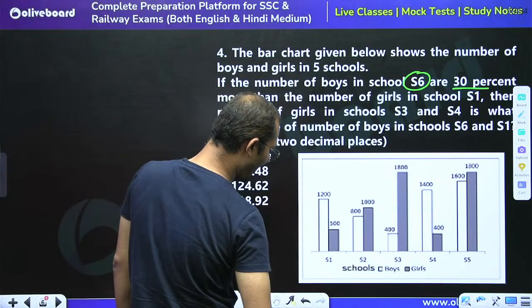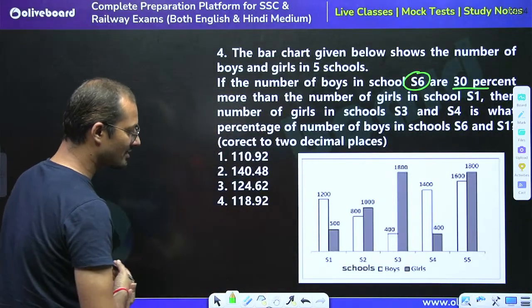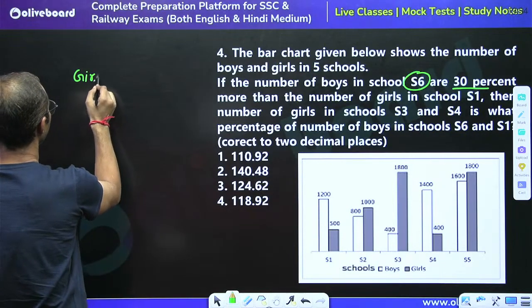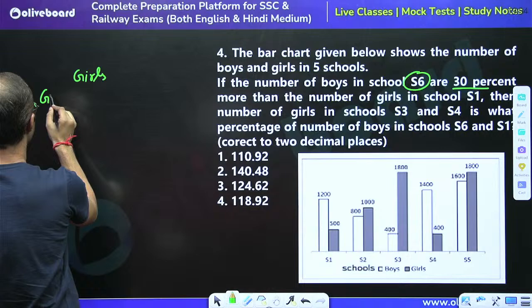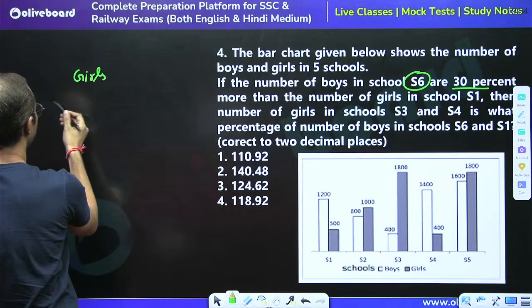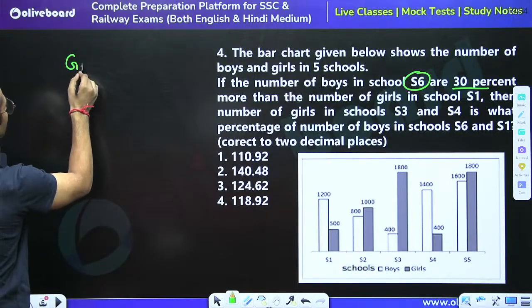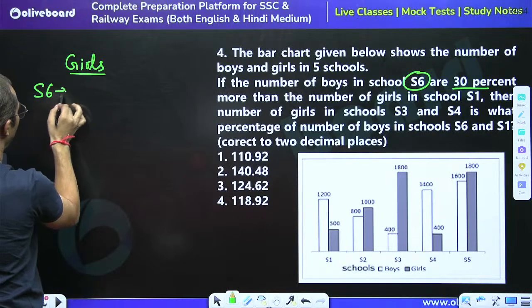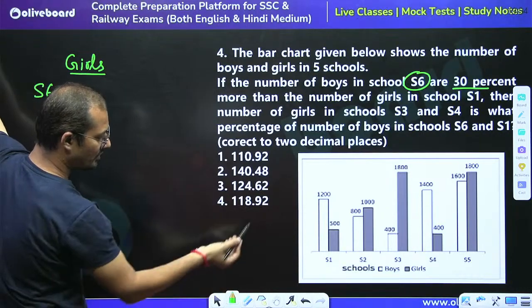So the number of girls in S1 is 500. So we can say the boys in S6 are 30% more than S1.